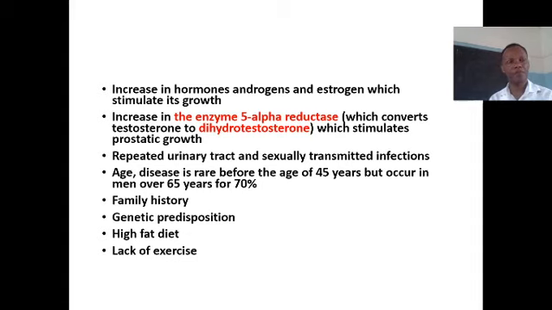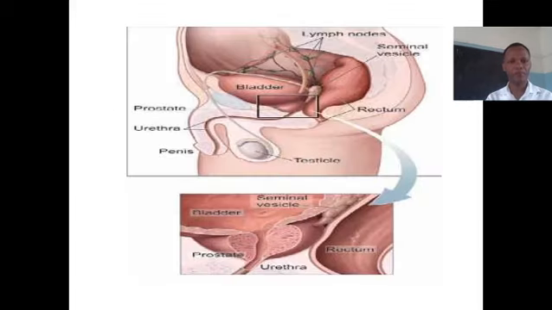Age: the disease is rare before the age of 45, but it can occur in men over 65 years for about 70%. Family history of prostate cancer and genetic predisposition. High fat diet, lack of exercise.